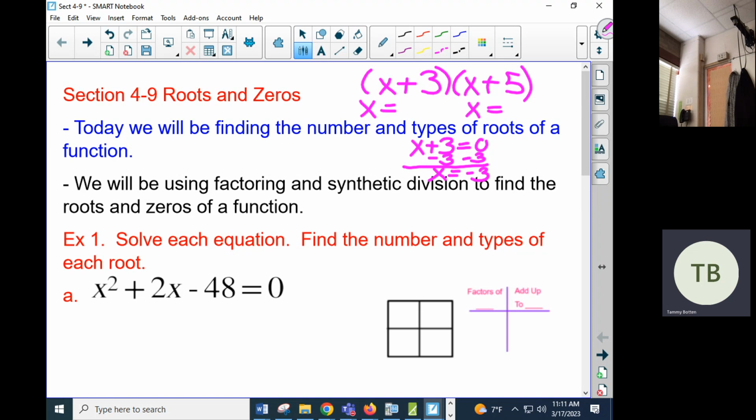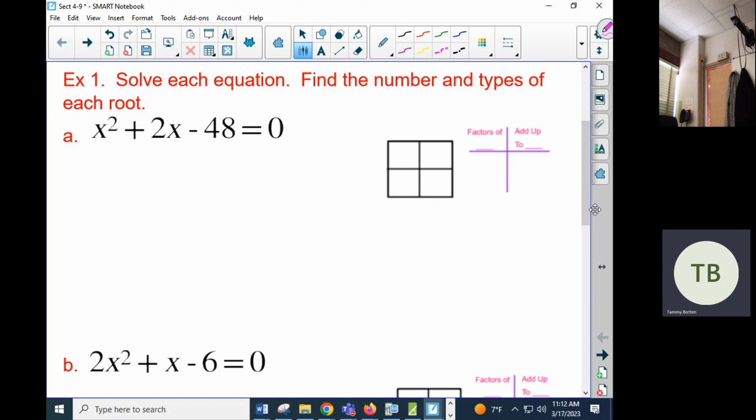The answer is opposite in sign to that. Here I have X plus 5 equals 0. So to solve that, I'd subtract 5. So my answer would be -5. So when I go from here to my answers, I just take the opposite sign of this. So -3, opposite sign of that, -5. Okay. So we're just doing that extra step today.